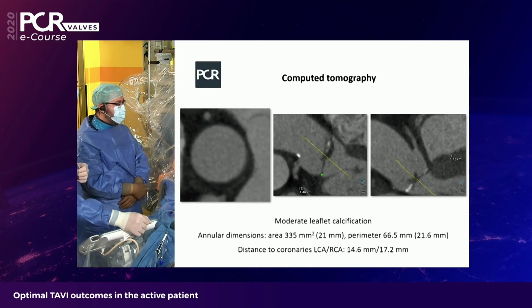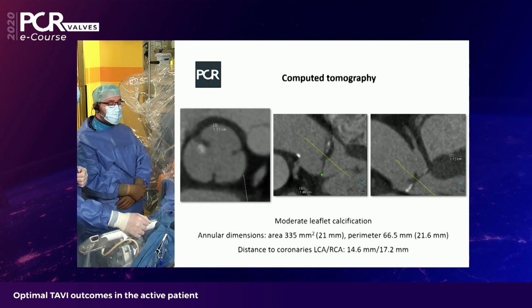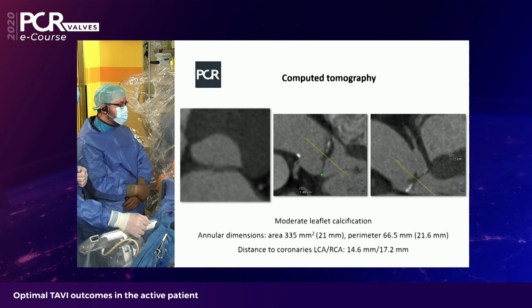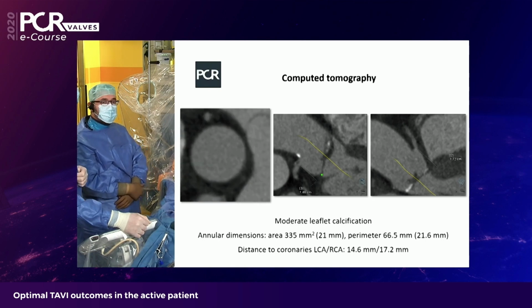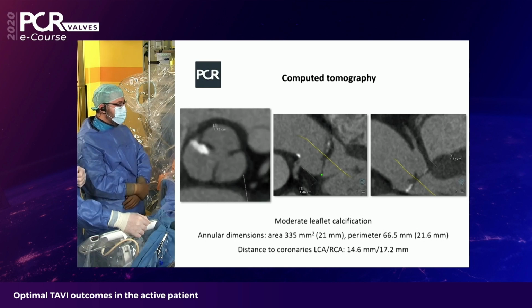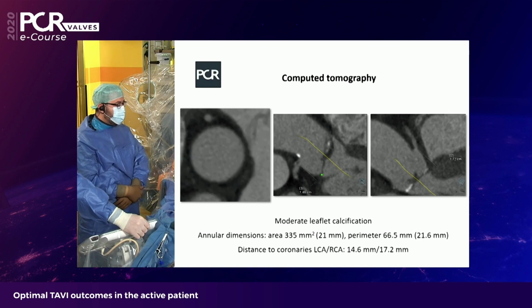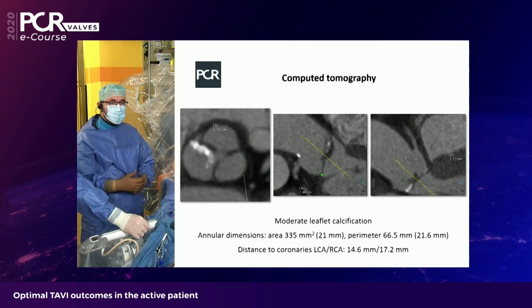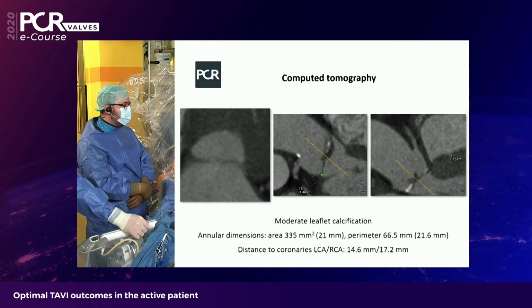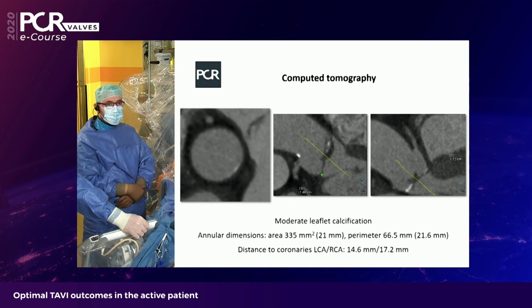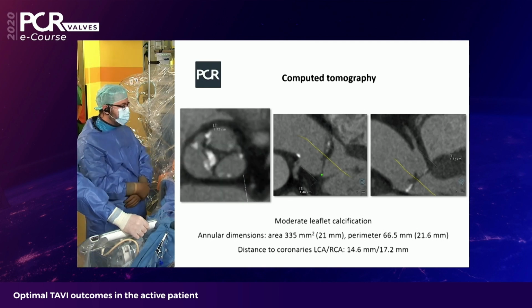So we can see here the annular dimensions, the area of 335, a perimeter of 66.5. So the area and perimeter derived annular diameter is between 21 and 21.6. She had good distance to the coronary artery. So overall, a favorable anatomy for TAVR, despite the fact that this is considered a small anatomy.